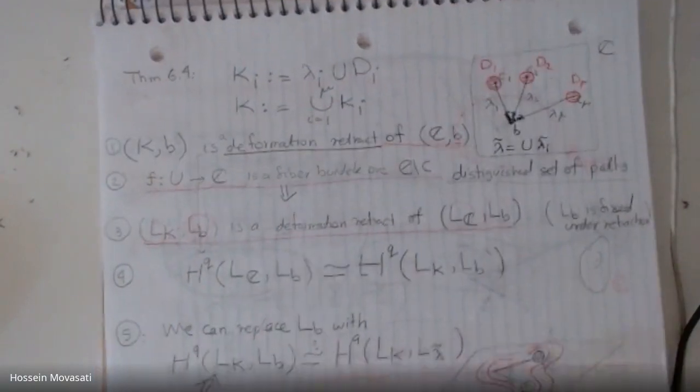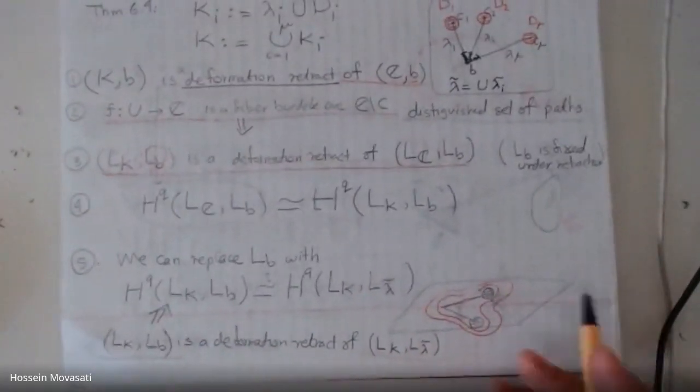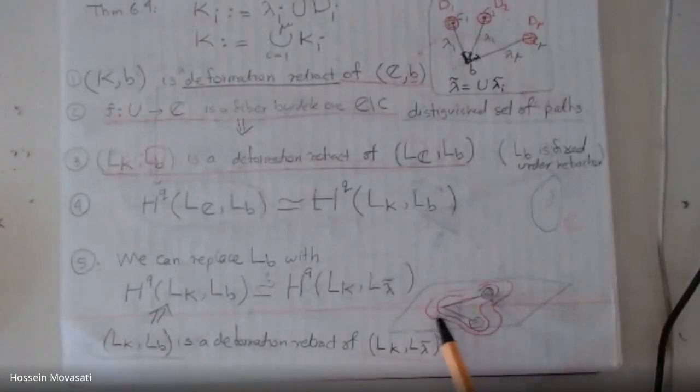Maybe one picture of this retraction. For example, if we have just two critical values, just imagine that every neighborhood of this picture is each time decreasing and getting near to this union of these two disks together with these paths.